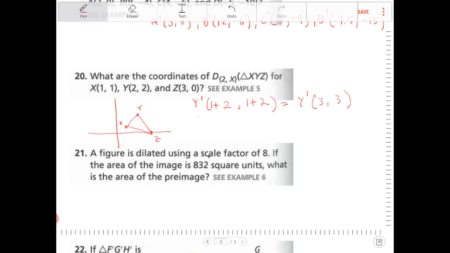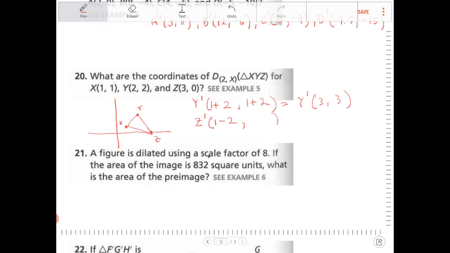And what about z? So z prime, originally we're at 1, 1, right? So from 1, we're going to go down 1. But since we're dilating by a factor of 2, we're going to go down 2. So we're going to subtract 2. And then z is horizontally away from x by how much?